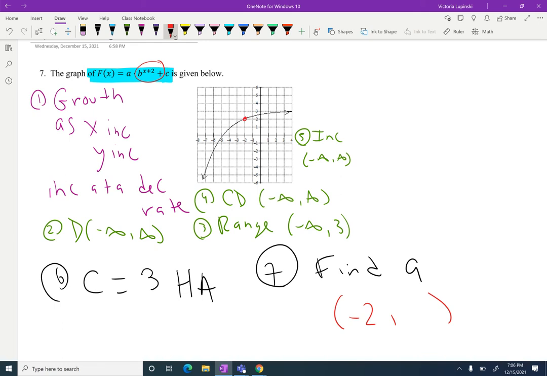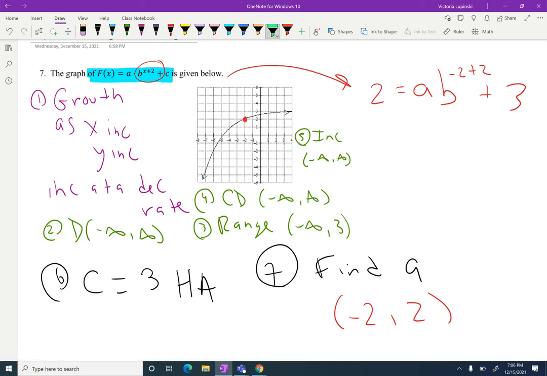You can see clearly from the graph that it's the point -2 comma 2. So I'm going to use my equation and say that 2 is equal to A times B to the -2 plus 2, and then plus 3, because that's the horizontal asymptote.